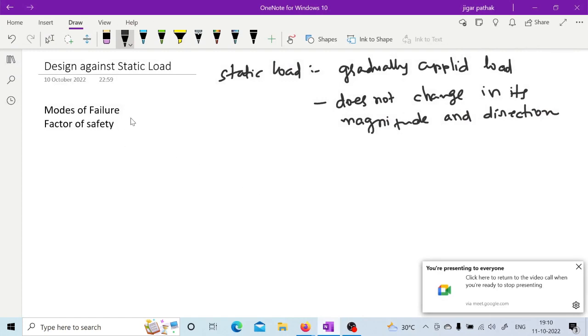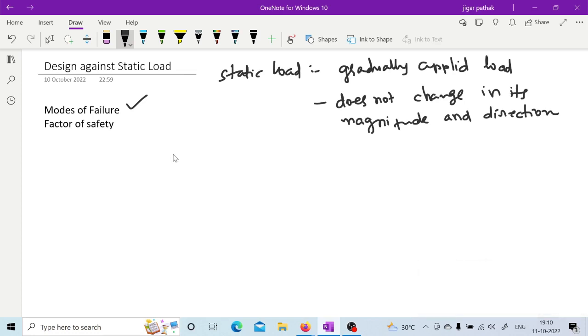Whenever we start discussing designing, designing always includes modes of failure. It means you are going to design a component based on various types of stresses or forces acting on it, and based on that you will define certain dimensions of your component.